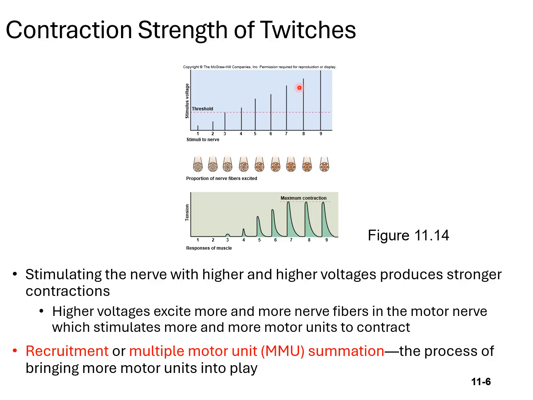Eventually, when it's way up here, it's going to recruit every single motor unit, or every single muscle fiber. Recruitment, or multiple motor unit stimulation, is the process of bringing more and more units into play. So if you want a stronger response, you have to recruit more muscle fibers or motor units to fire at the same time.